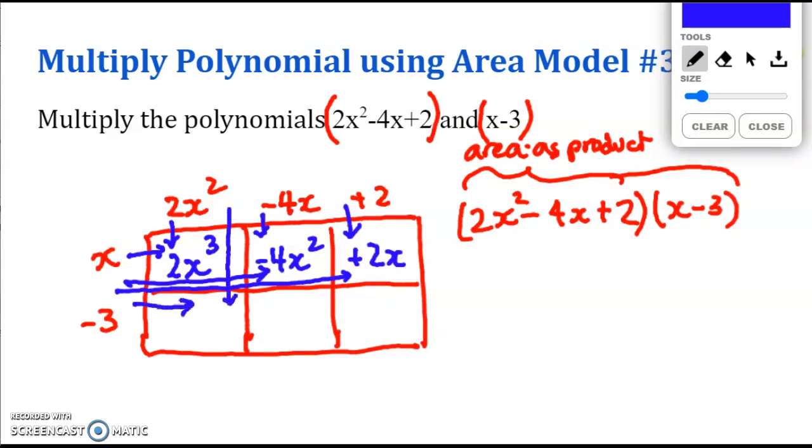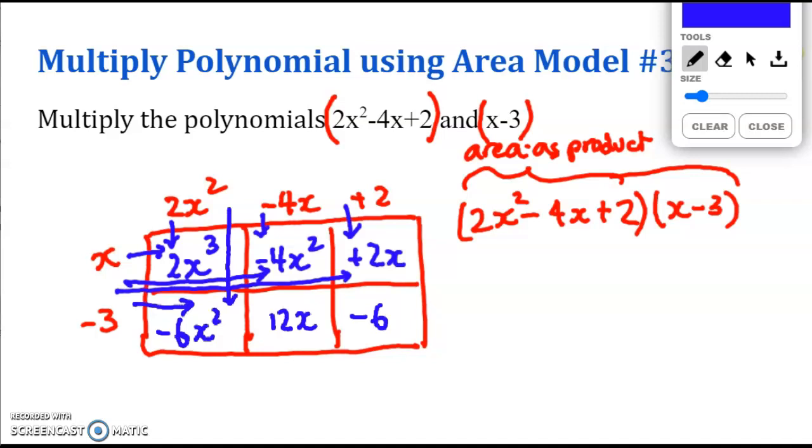What's 2x squared multiplied by negative 3? That's going to be negative 6x squared. And then negative 4x multiplied by negative 3. Negative 4 times negative 3 is positive 12. And to that we multiply x, so it becomes 12x. And then 2 times negative 3 is negative 6.